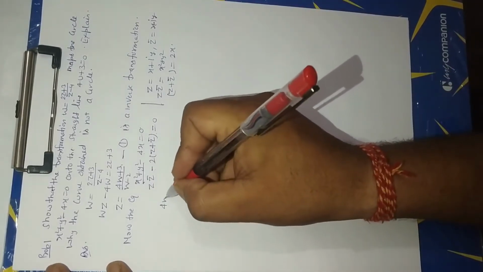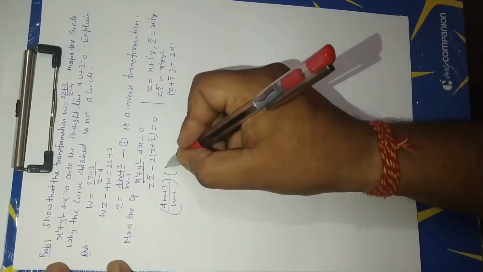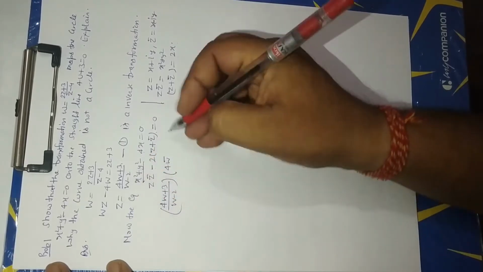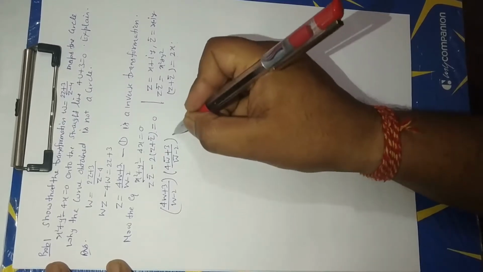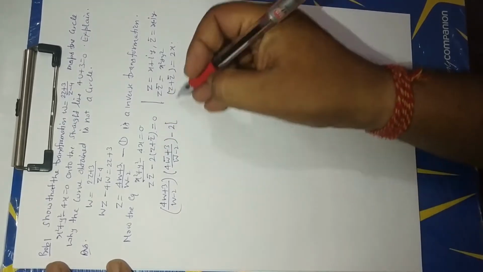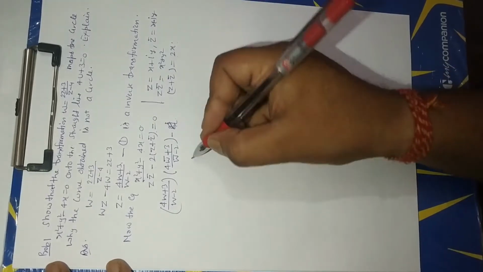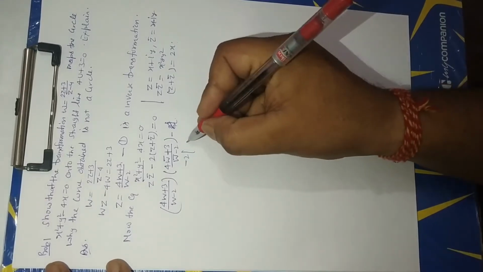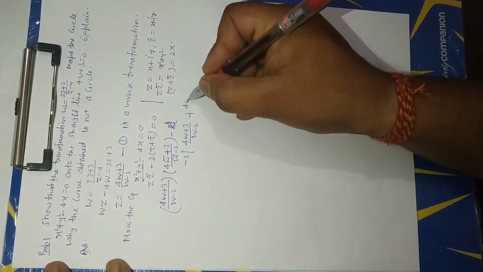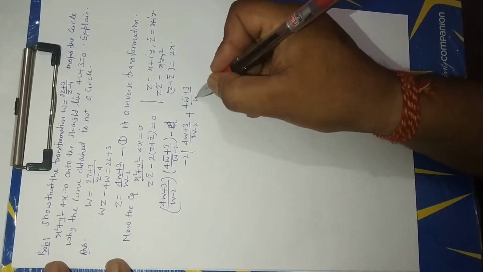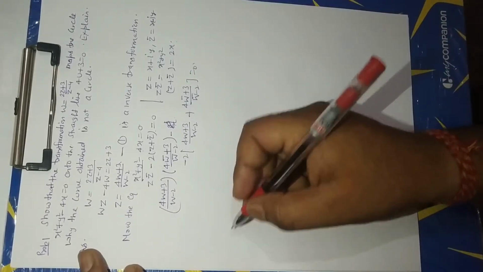4w plus 3 upon w minus 2 times 4w bar, this is the conjugate of w, plus 3 upon w bar minus 2, minus 2 times the value of z, 4w plus 3 upon w minus 2, plus the value of w bar, this is equal to 0.